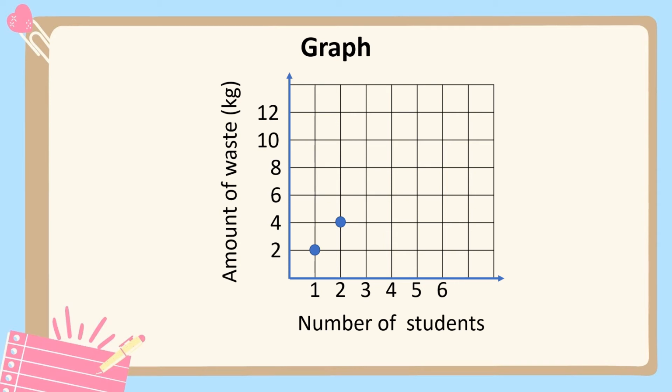For 2 students, we have 4 kilograms. 3 students, we have 6 kilograms. 4 students, we have 8 kilograms. 5 students is 10 kilograms. And for 6 students, we have 12 kilograms. So this is the graph of the given relation.